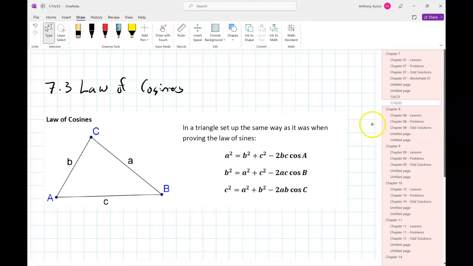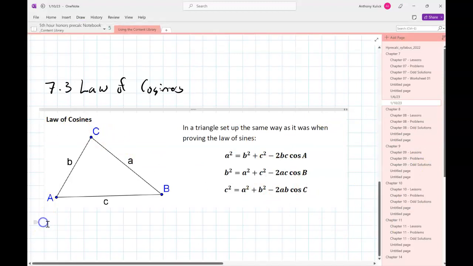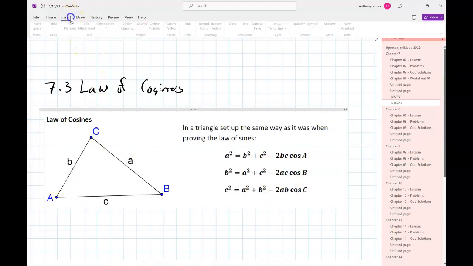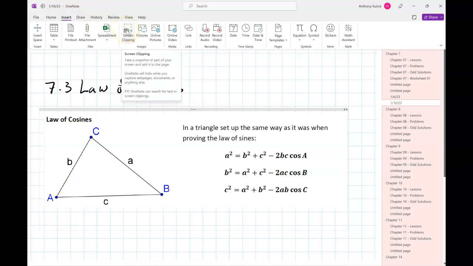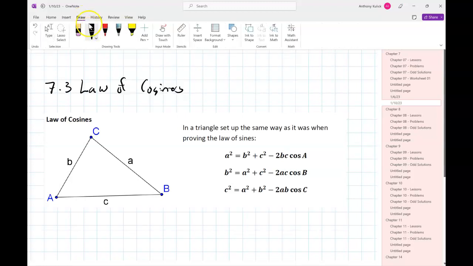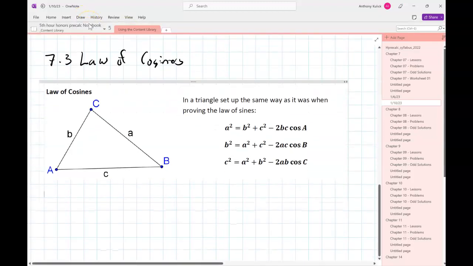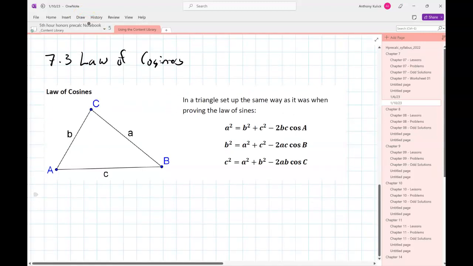So if you try to do the law of cosines on a right triangle, the last term there would just kind of drop off to 0, and you'd be left with just the Pythagorean theorem. So when do we use the law of cosines?